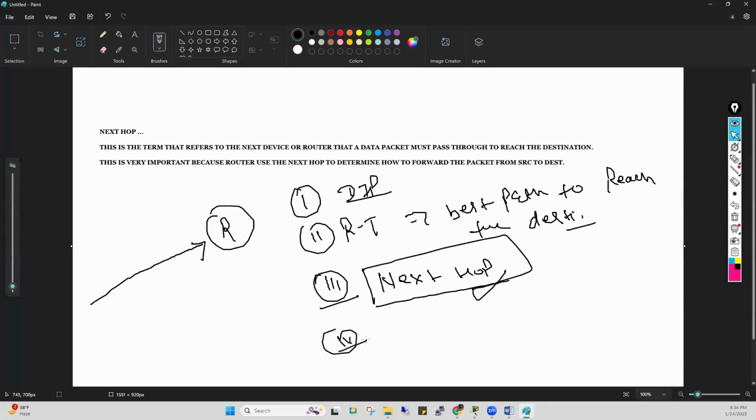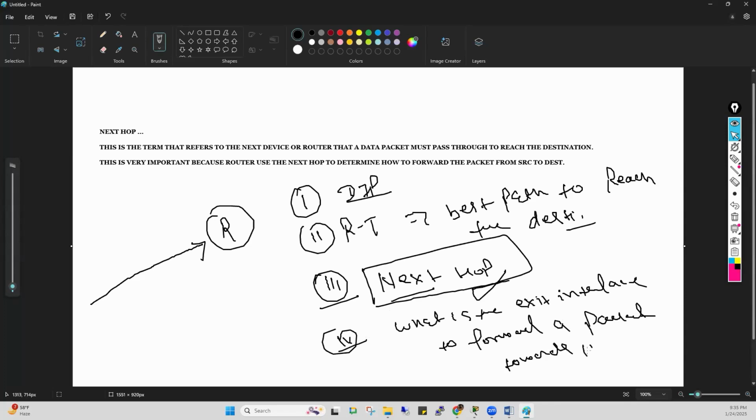But in the fourth step, the router will choose, if I want to forward the packet towards this next stop, what is the exit interface to forward a packet towards the next stop? Getting my point? So basically these are the things the router will check, and that is called next stop.